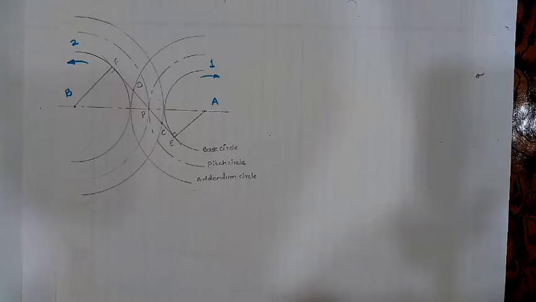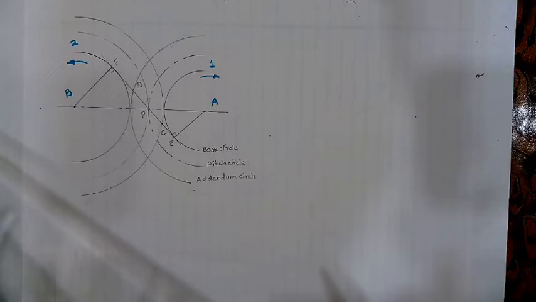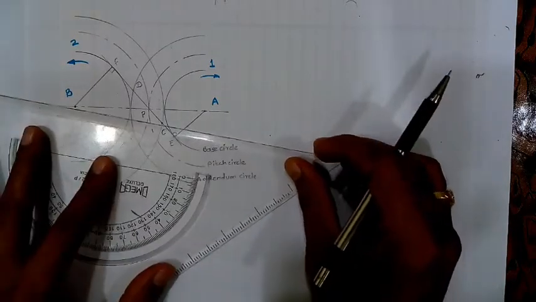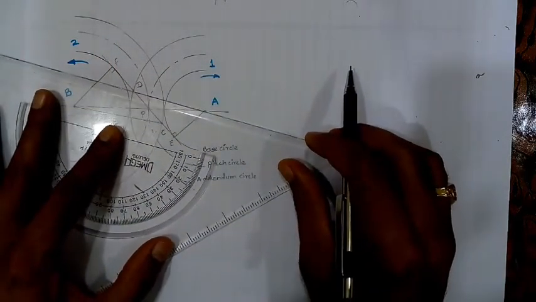Now we want to determine the dimensions. We want to determine the path of contact in terms of the standard parameters, that is, the radii of the gear and pinion. So for that we are going to connect points B and C, and connect points A and D as shown.